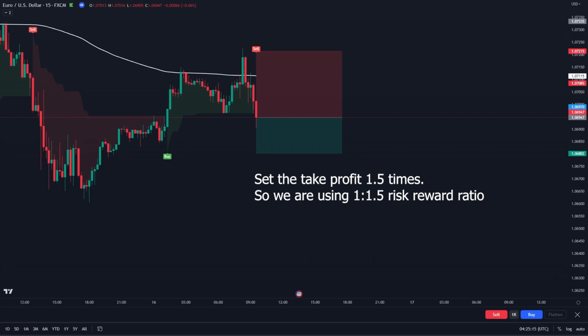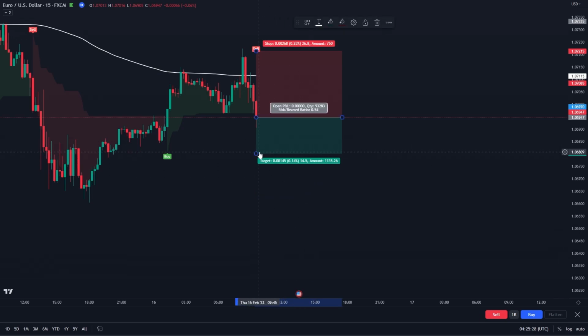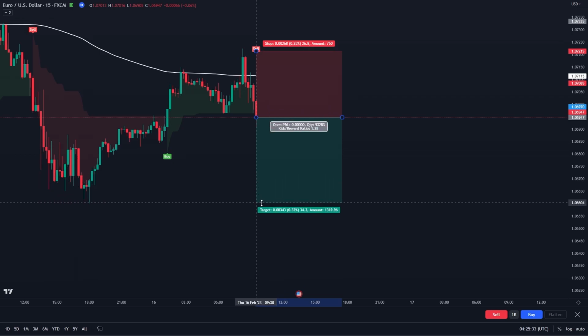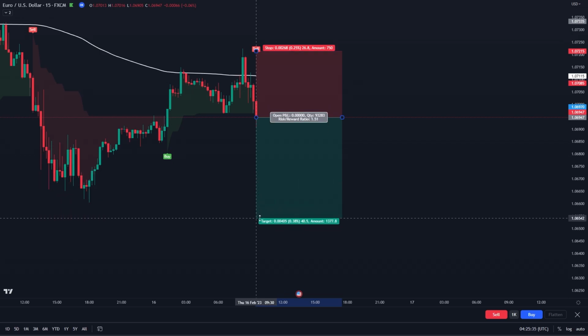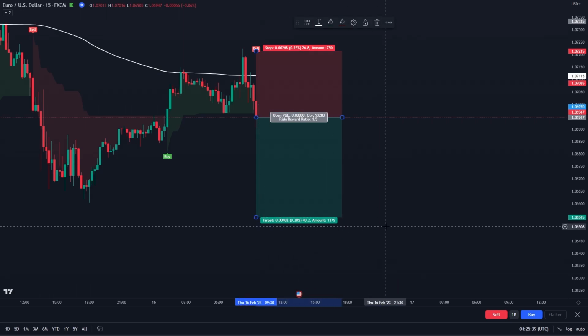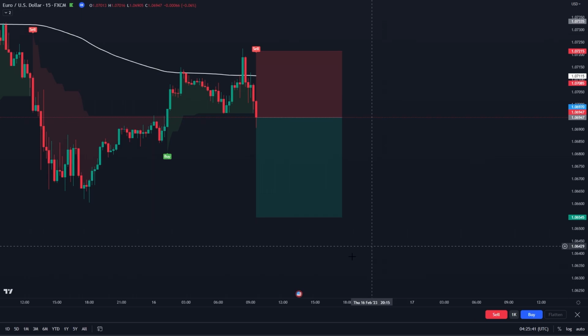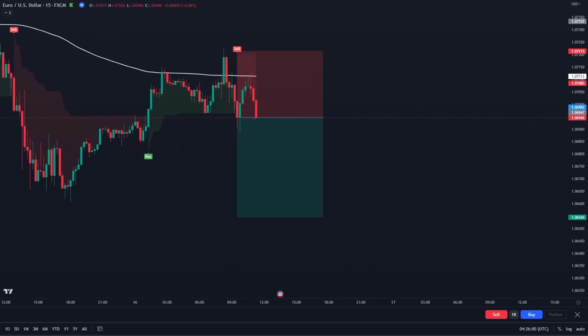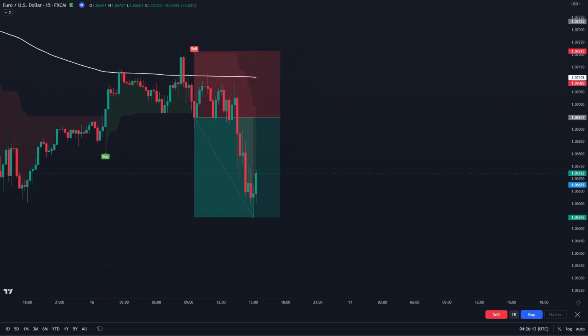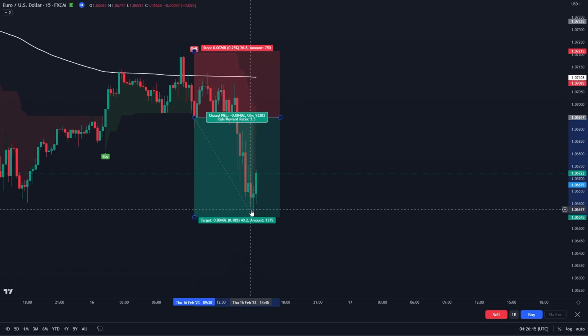Set the take profit at 1.5 times, so we are using a 1:1.5 risk reward ratio. Let's see the result of our setup. The setup hit the take profit.